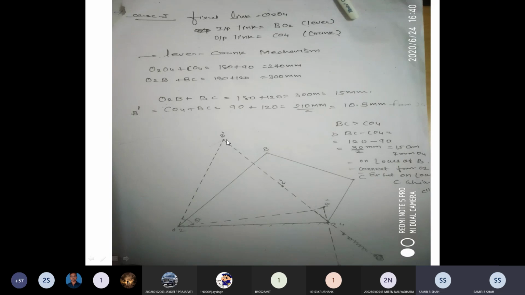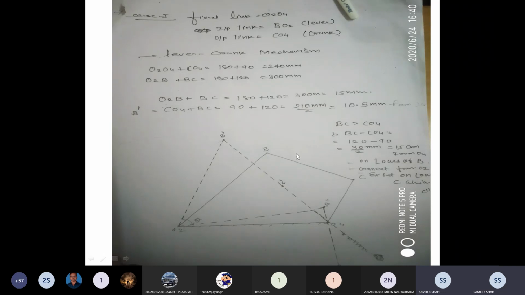How are we getting that? CO4, just see here, CO4 and BC. If we consider that these two are in a straight line, then the input link may get maximum expansion. How much will that be?